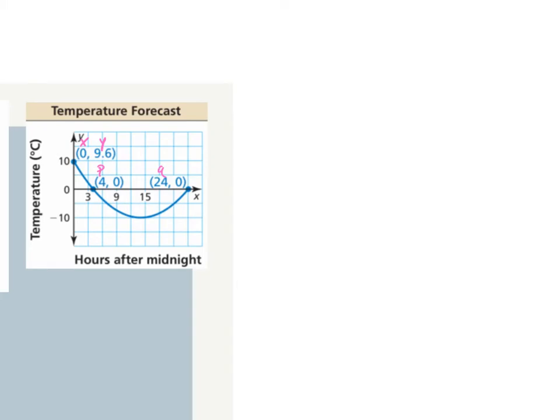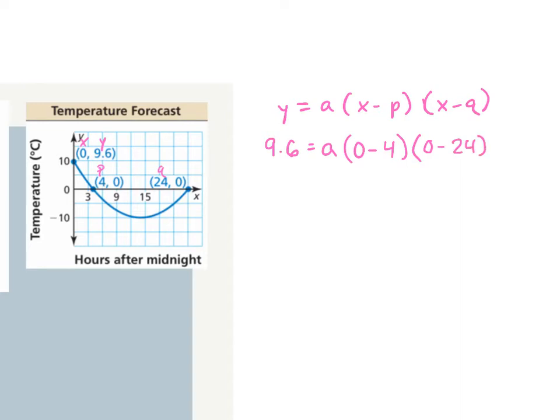So our intercept equation is Y is equal to A times X minus P times X minus Q. We plug in our Y, which is 9.6. Our A is what we're trying to solve for, so we don't have anything to plug in there. We plug in our X, which is 0, minus P, which is one of our intercepts at 4, and then 0 again, minus 24. So it doesn't matter which one's your P and which one's your Q, because you'll end up getting the same thing.